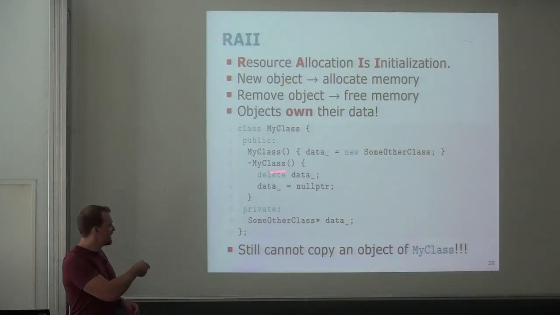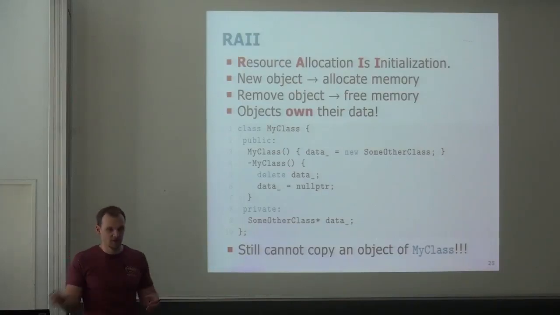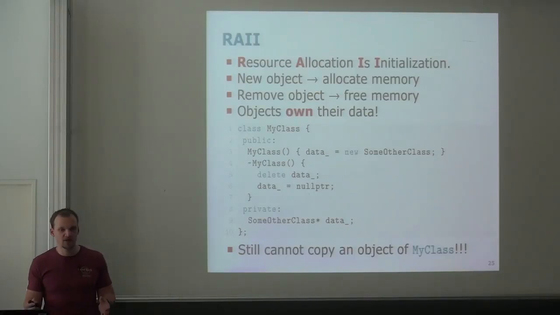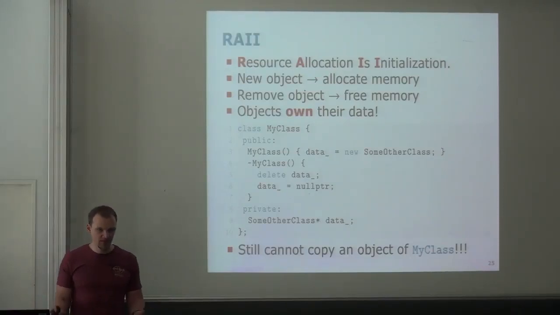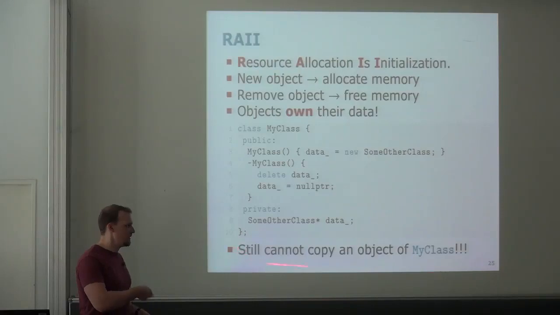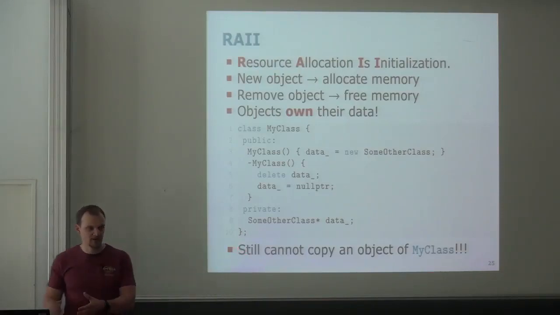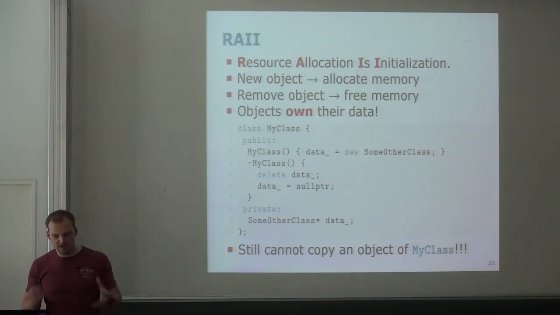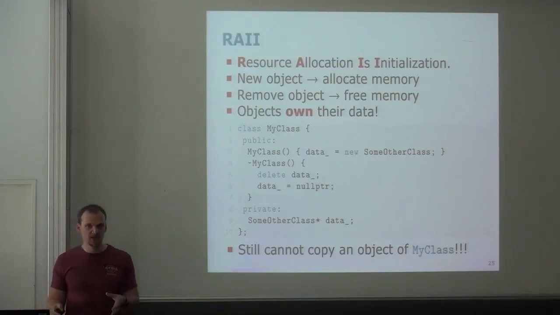The moment this object gets removed, say it goes out of scope, it deallocates this data, and then I'm completely safe, right? Well, not entirely, because I still can't copy this, and we are going to talk about this now. But at least we can now allocate and deallocate things.